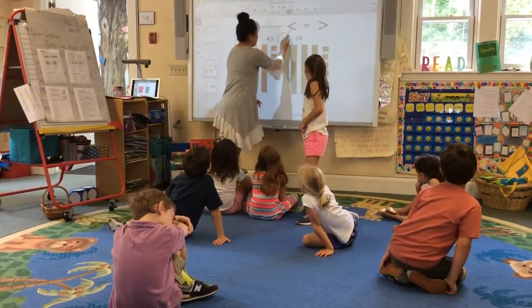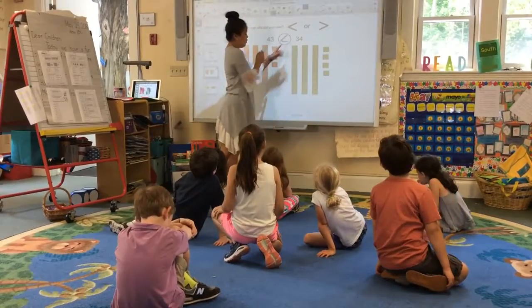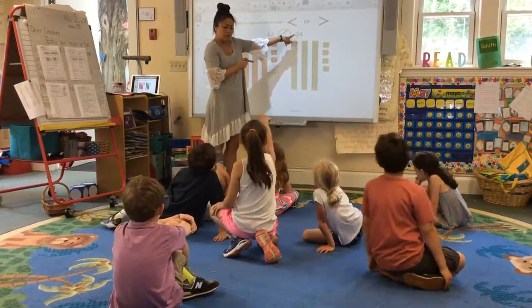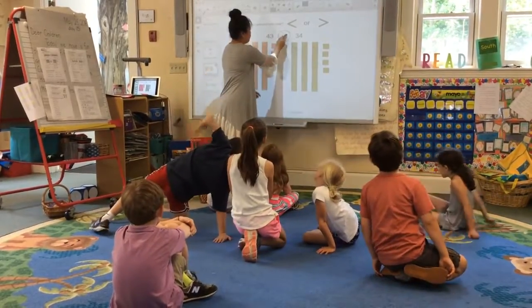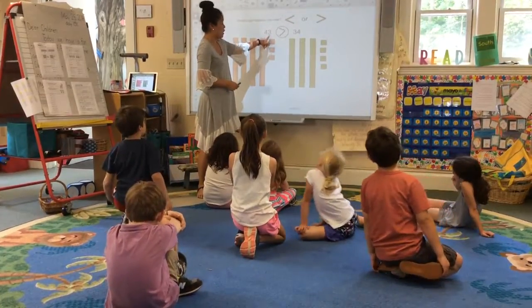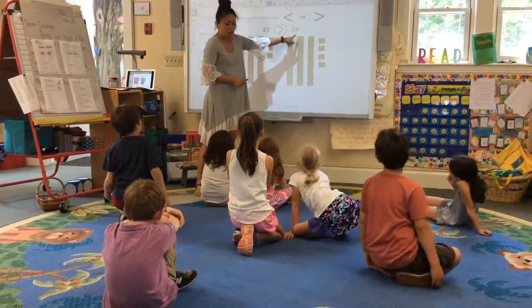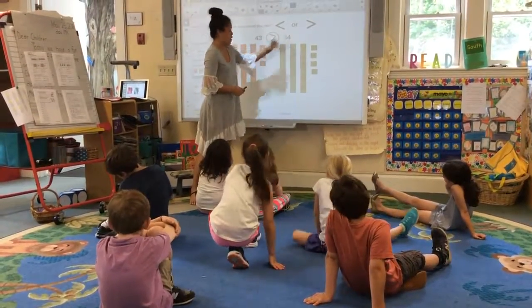The alligator mouth is going to point to the 43. And we're going to read this left to right saying 43 is greater than 34. Can you say that with me? 43 is greater than 34. Good.